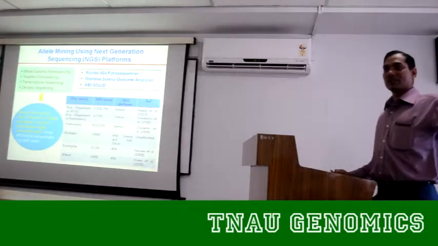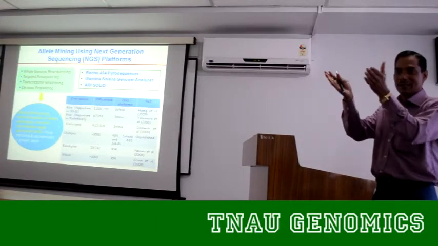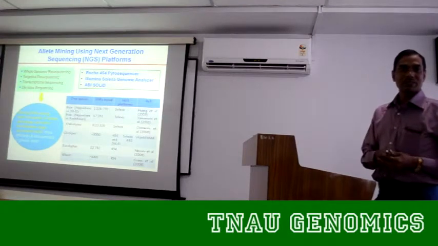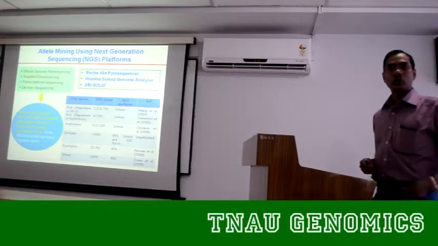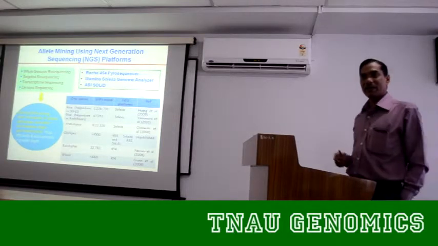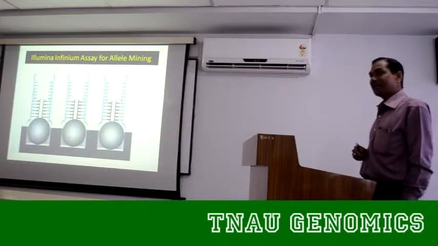In contrast to what I said in case of powdery mildew resistance, that you can PCR amplify one and then sequence that segment by Sanger's method and then identify alleles, you don't have to really do that. You can do that at genome-wide scale and identify novel alleles, and through association analysis you can see how functionally relevant they are.